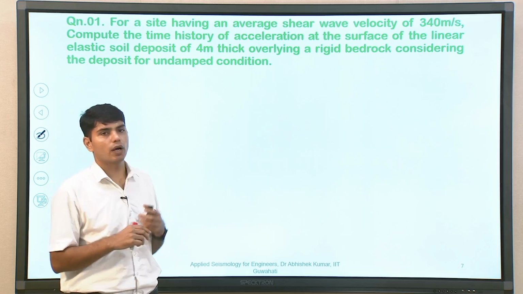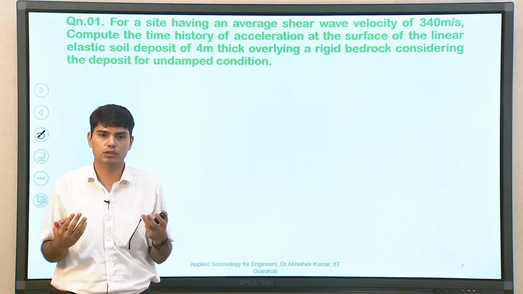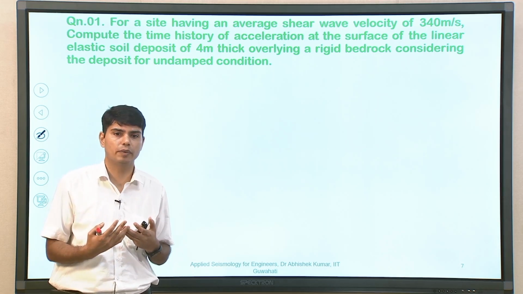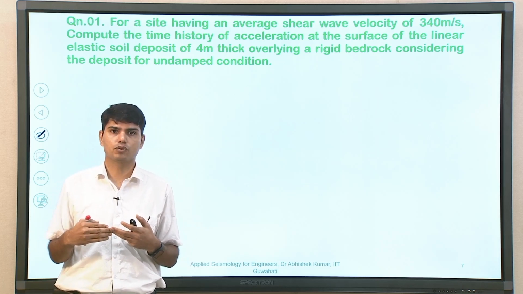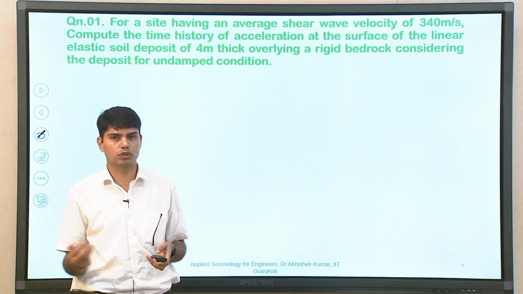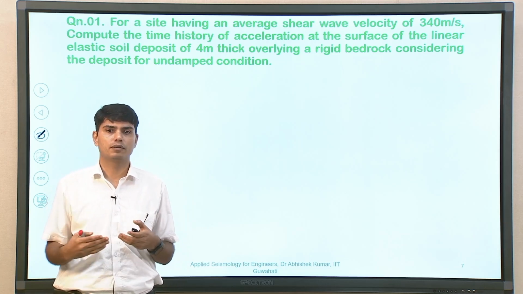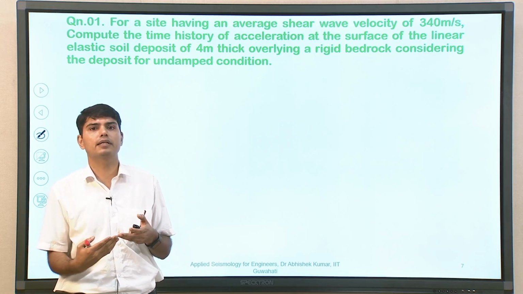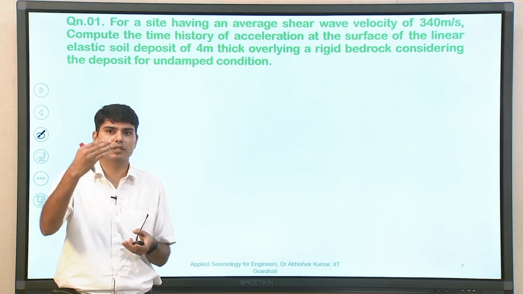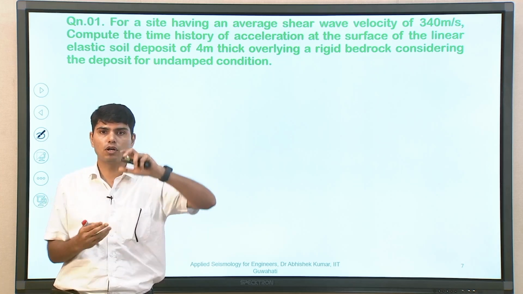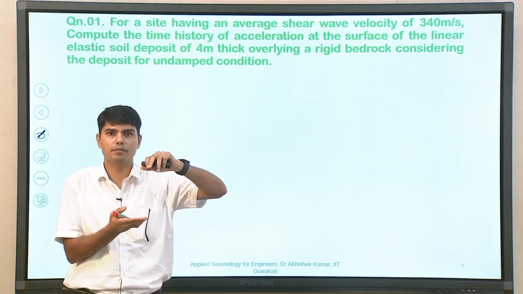That means the soil layer is linear elastic with thickness H equal to 4 meter, and it is located above rigid bedrock. We are interested to find out, if a motion is given and the bedrock is rigid, how much amplification in this motion will happen because of 4 meter of linear elastic undamped soil layer.